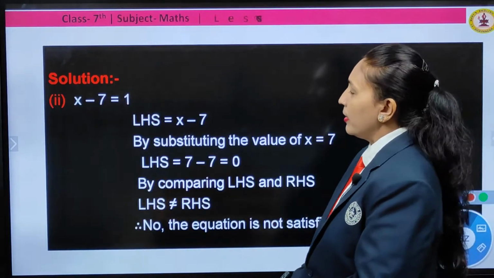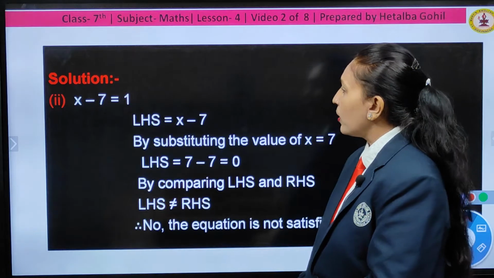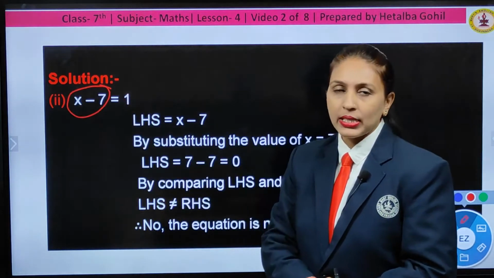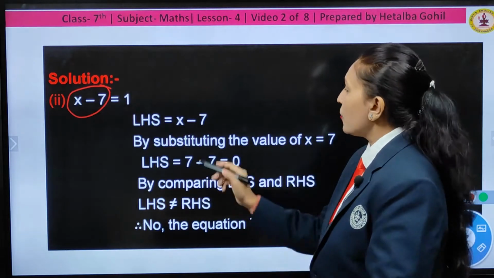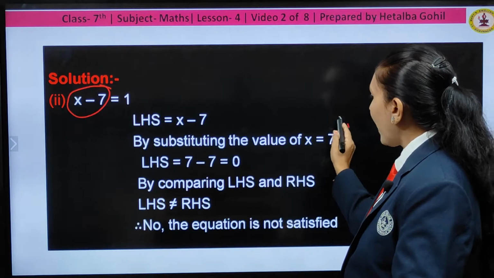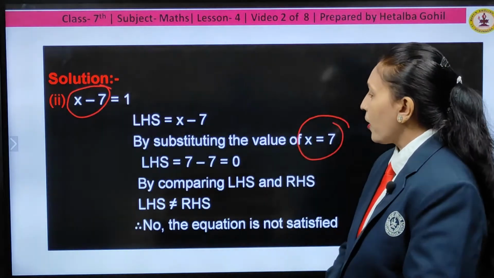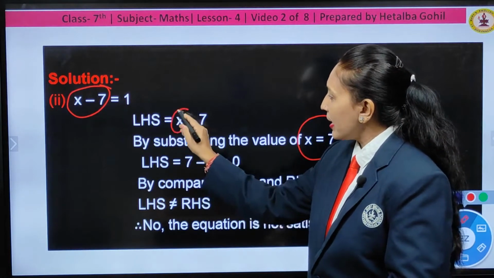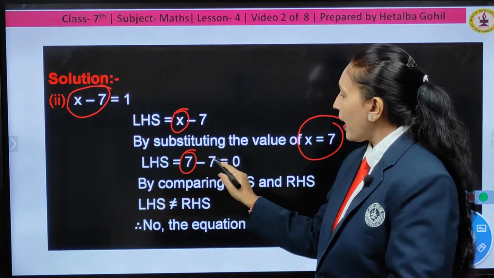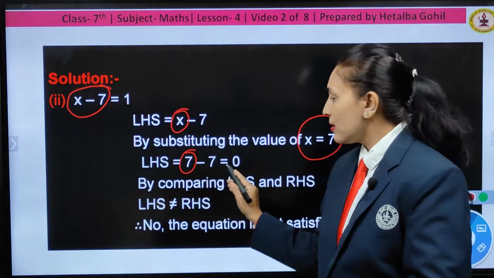Next, the second one, x minus 7 equal to 1. Children, on the LHS, wherever the variable is there, we have to put the value. So taking LHS, x minus 7, and putting the value of x equal to 7, in place of x we take 7. 7 minus 7, what do we get, children? 0.